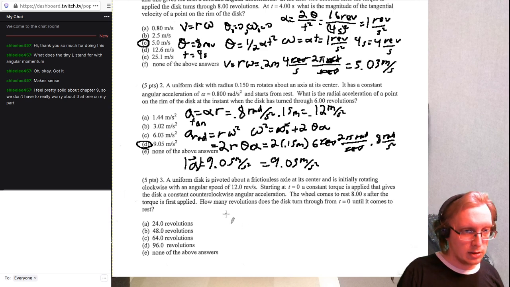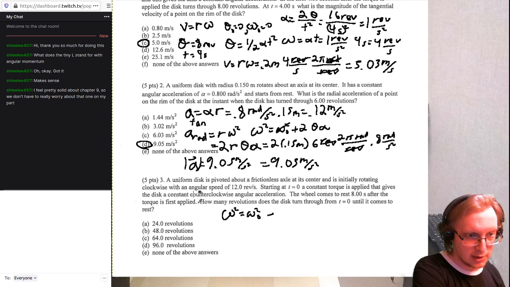Let's see if omega squared equals omega naught squared plus 2 alpha theta gives us the answer. No, not with this equation.